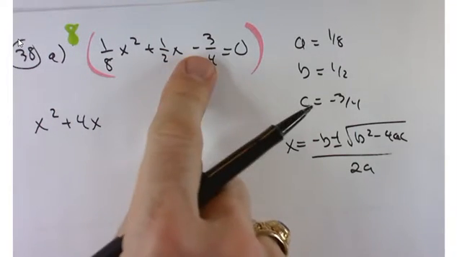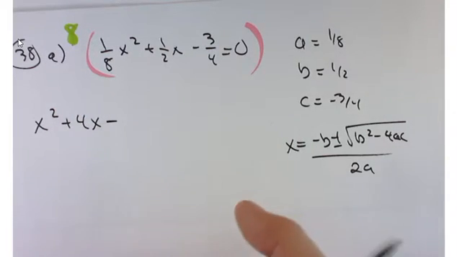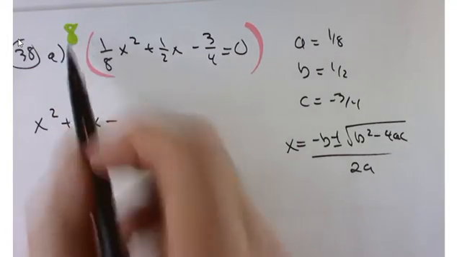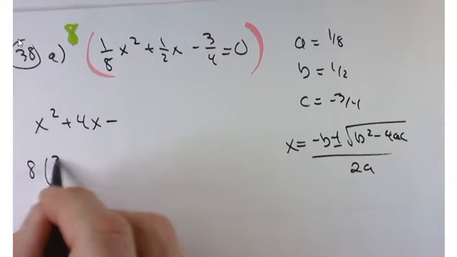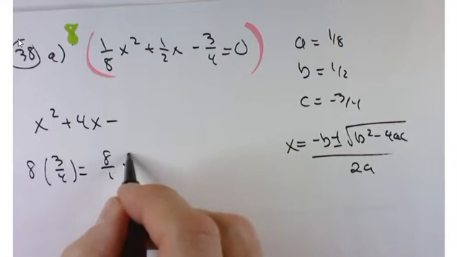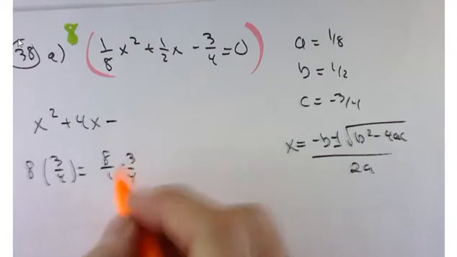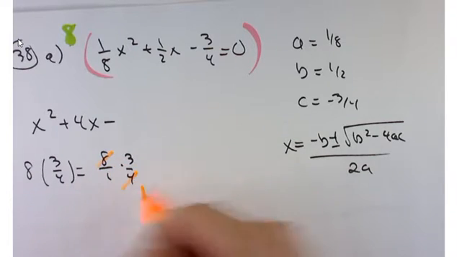Now, the 8 times -3/4, maybe you're not really keen on that one. I understand that one. That's fine. Let's just do the 8 times the 3/4 here. You can think of that as 8 over 1 times 3 over 4. I hope you do some simplification. 4 goes into 4 once and into 8 twice.